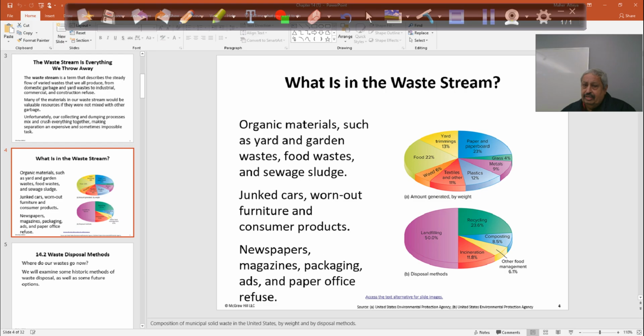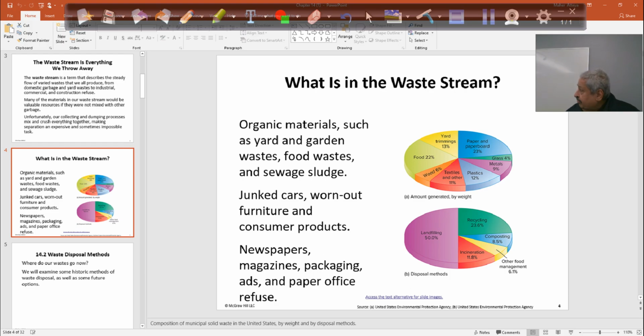What is the waste stream? Well, the waste stream contains all the waste coming from organic materials, such as yard and garden waste, food waste, and sewage sludge. Junk cars, worn-out furniture and consumer products, newspapers, magazines, and so on.